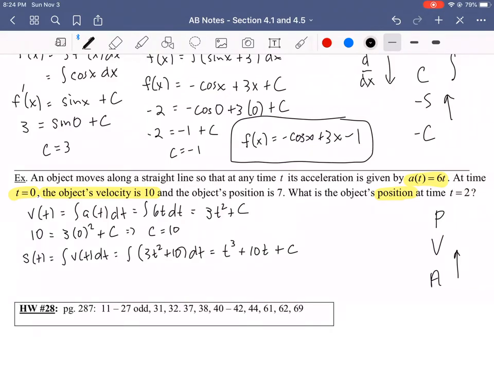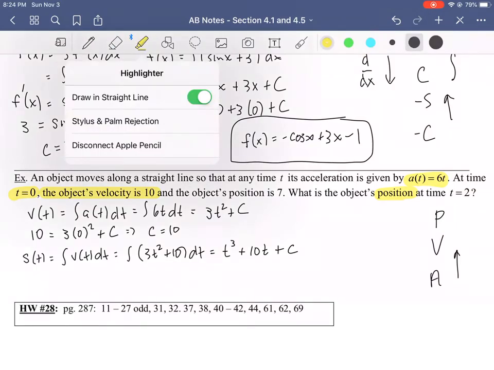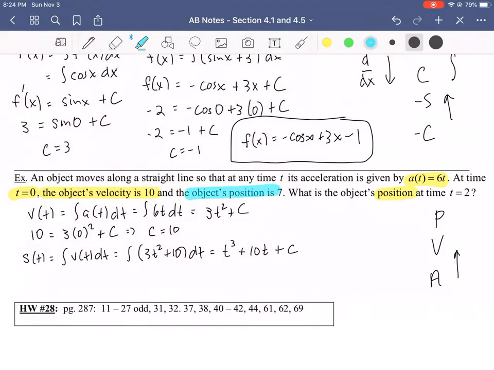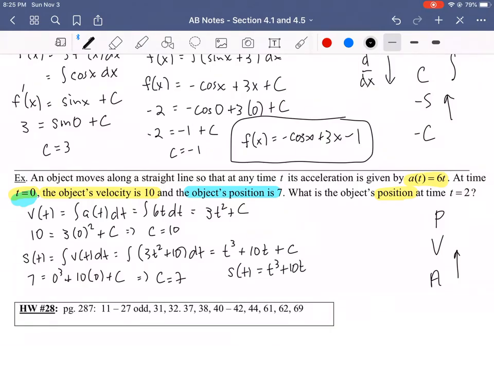Okay, now we're going to use our other initial condition, which is the object's position is 7, again at time 0, so 0 will go in for t, and 7 will go in for s of t. So 7 is going to equal 0 cubed plus 10 times 0 plus c. And so again, that tells me that c is equal to 7. And so now I've got a position function, s of t is equal to t cubed plus 10t plus 7.